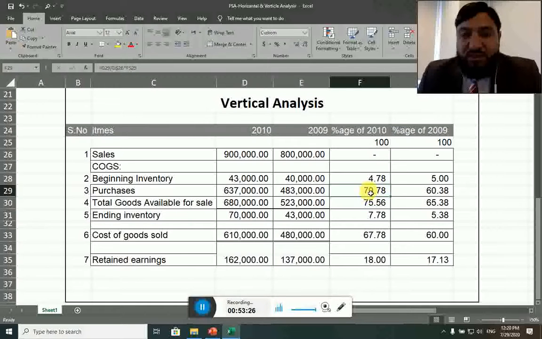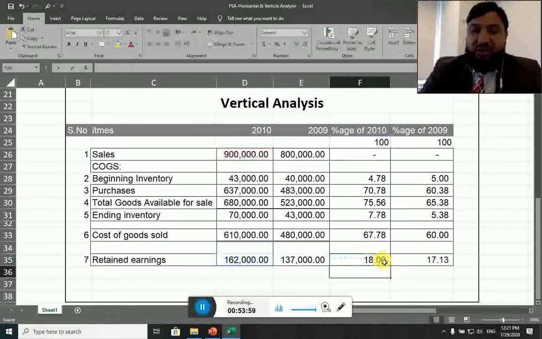It means that 70% purchases were made, and then total goods available for sale is 75%, ending inventory is 7%, cost of goods sold is 67.7%. So it means that out of 100 rupees that we have earned, we have paid 67.7%. The remaining is our profit, gross profit, right?